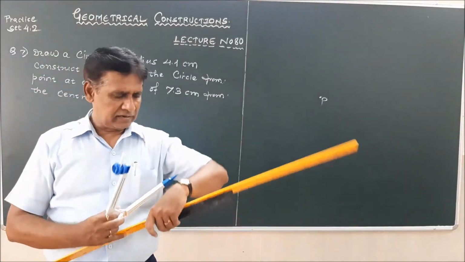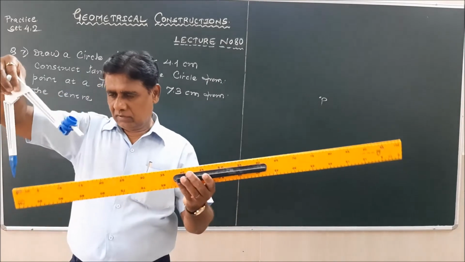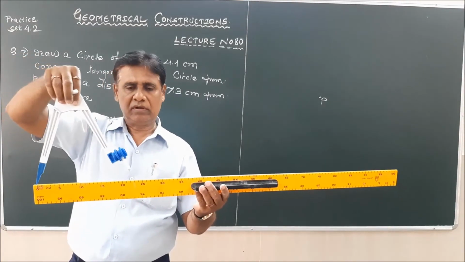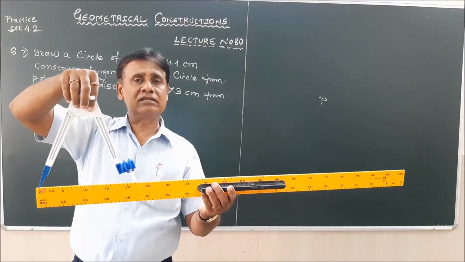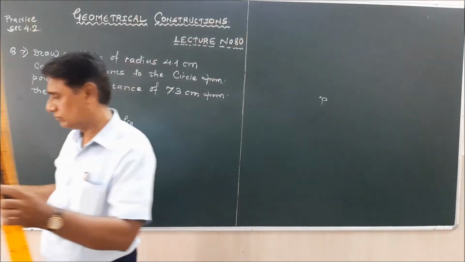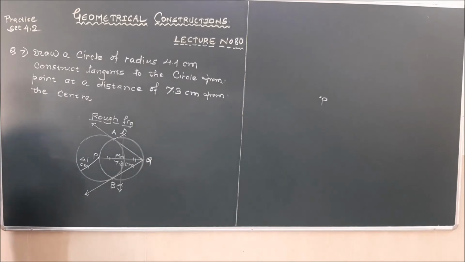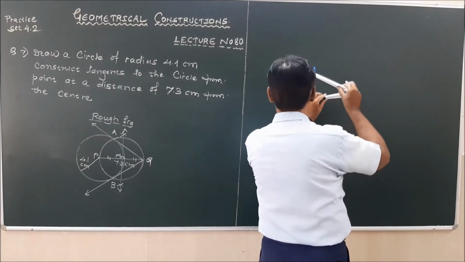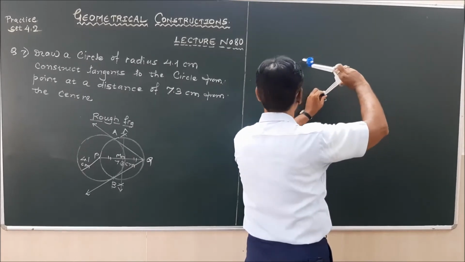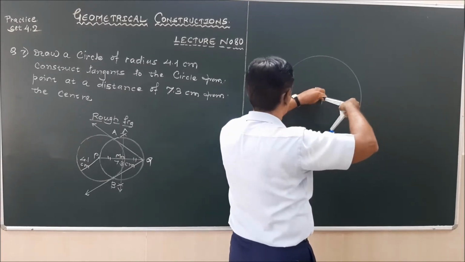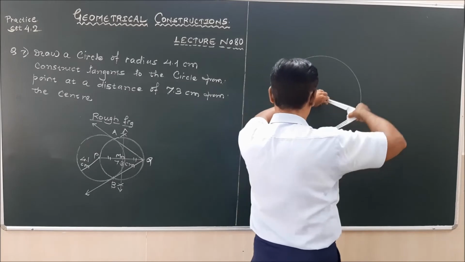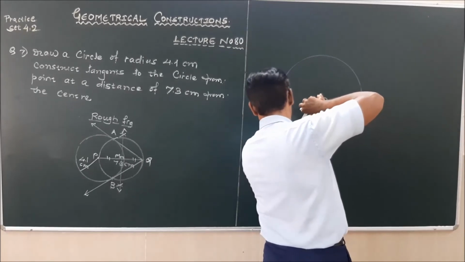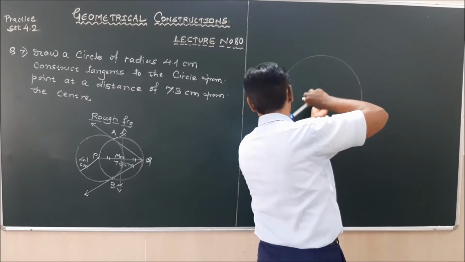Supposing this is my scale, placing the compass point at 0, taking a distance of 4.1, draw the circle. The circle is done.